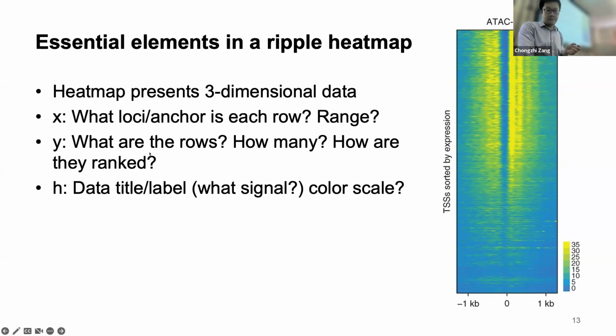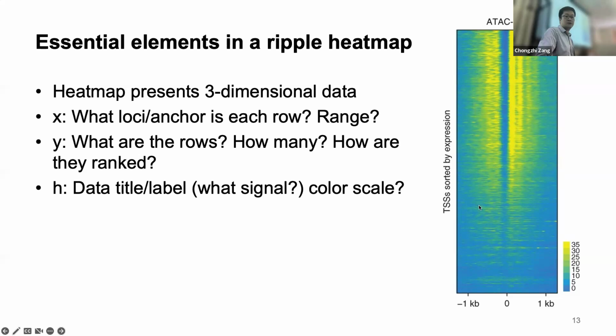And the y-axis: what are the different rows? How many gene TSSs do they include here, and how are they ranked? They can rank either by gene expression level or by some other information.